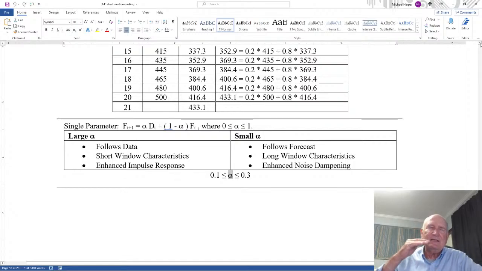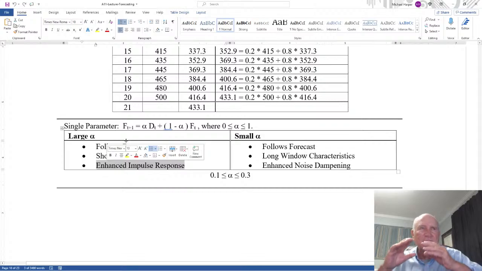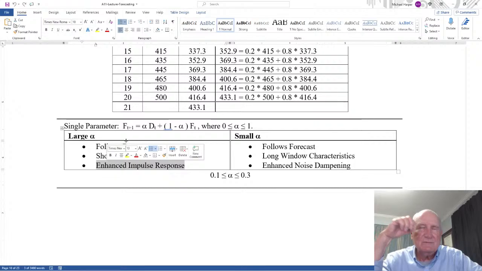Well, when your tracking signal is between 1 and 2, then your alpha might be a little bit higher, because you want to follow the data, because you must have an impulse, because you're getting more and more bias. So you can match the tracking signal with your alpha.